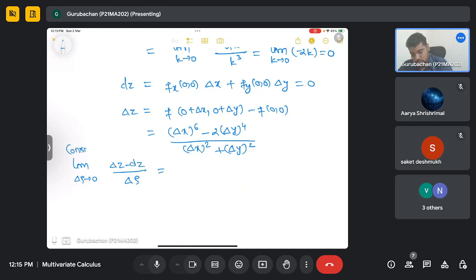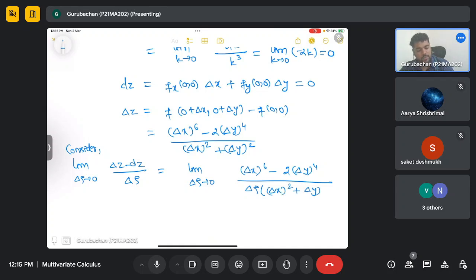Consider this particular one. This will be the limit as delta rho tends to 0 of delta x^6 minus 2 times delta y^4, divided by delta rho times (delta x^2 + delta y^2).